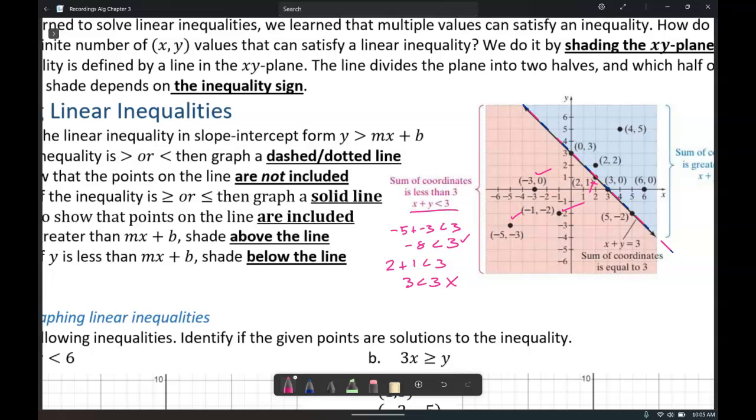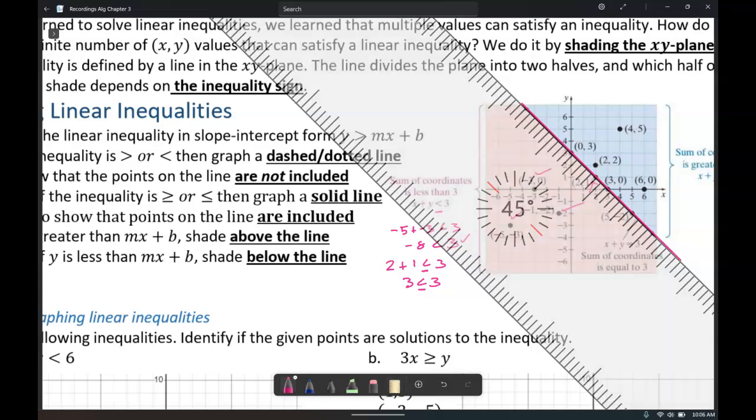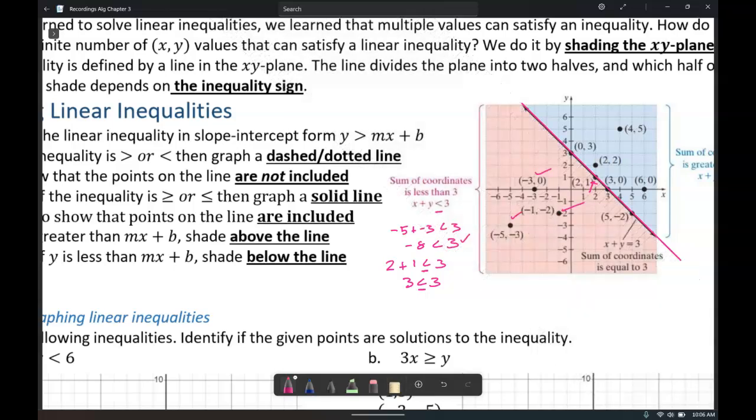So any point on the line will not be a solution, any point in the shaded region will be. Now, if we adjusted this inequality to be less than or equal to, then we would use a solid line to represent the boundary, and any point on that line would then become a solution.